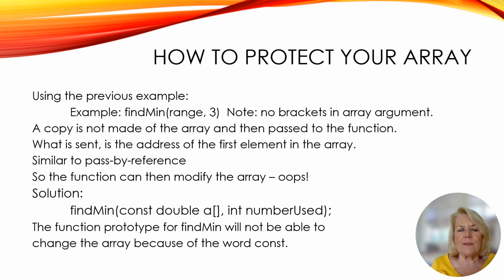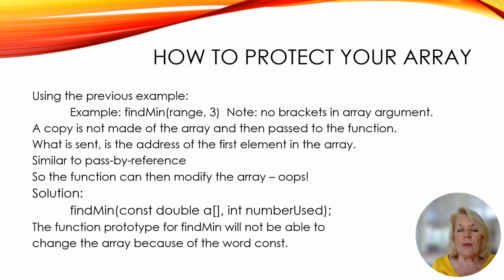Arrays are never passed to a function as called by value because they take up way too much space. What is passed to the function is the address of the first element in the array. Remember that arrays are stored sequentially in contiguous memory locations, so with the address of the first element, all of the elements can be accessed.